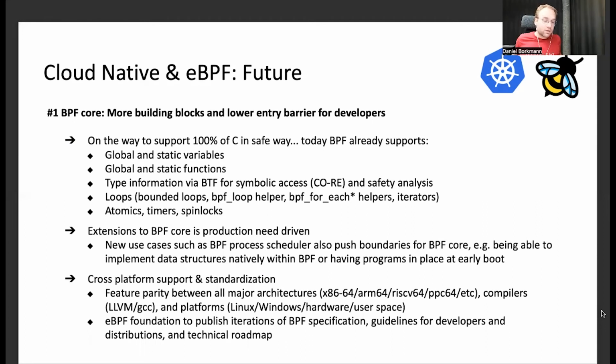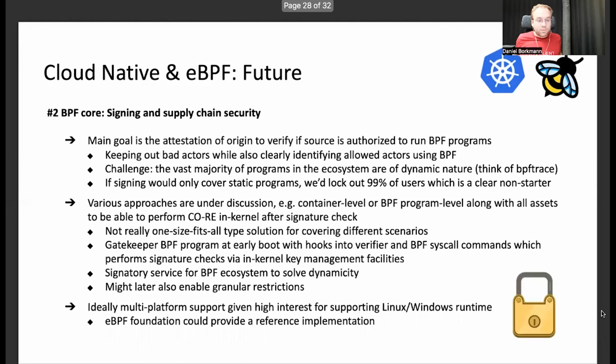The other thing is cross-platform support and standardization. So the eBPF Foundation is working on providing a BPF specification. Number 2, signing is a big topic in BPF. The main goal is to attest the origin and to verify if the source is actually authorized to run BPF programs. The whole goal is to keep bad actors out, while also clearly identifying the good actors that are using BPF.